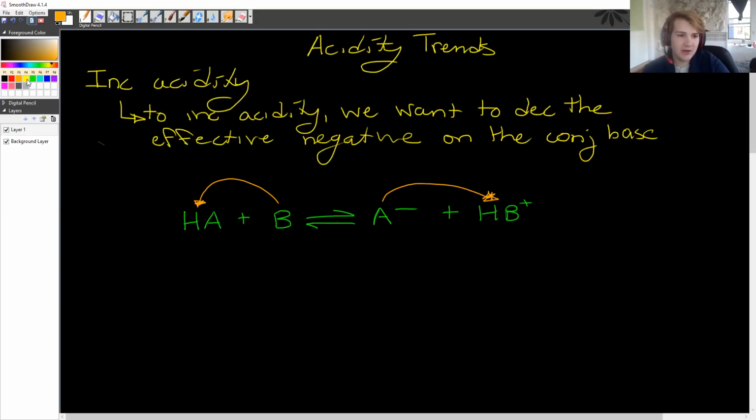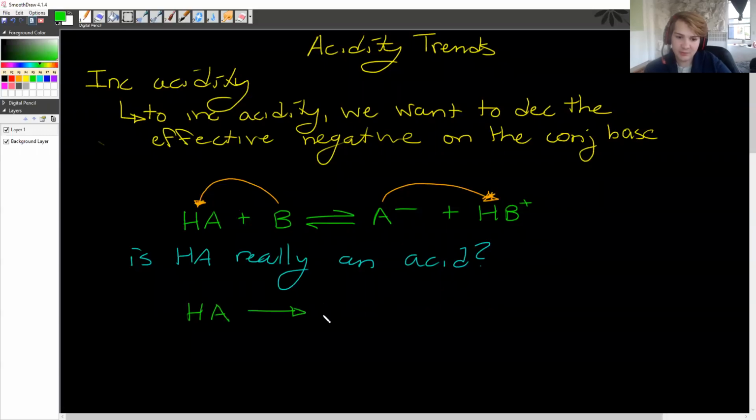And so the question that we asked ourselves is, is HA really an acid? Because if HA gives up its proton and becomes HB plus and A minus, it gives it up, but then it immediately becomes HA again. Did it really donate a proton? Did it really do what it was supposed to do?